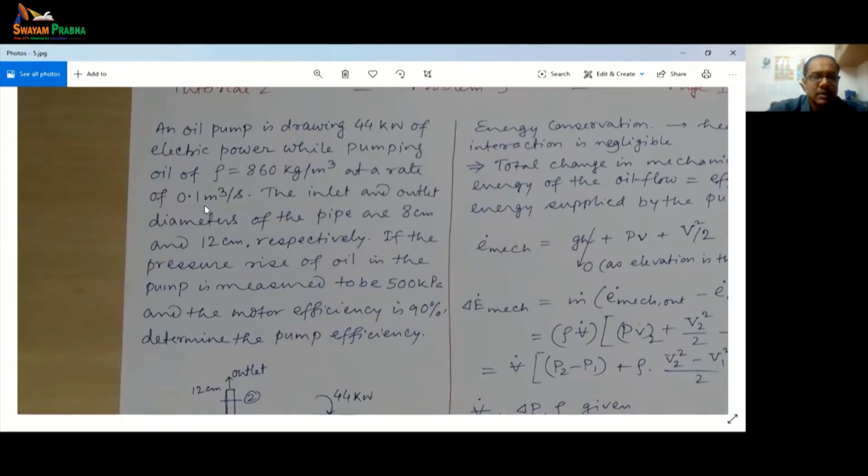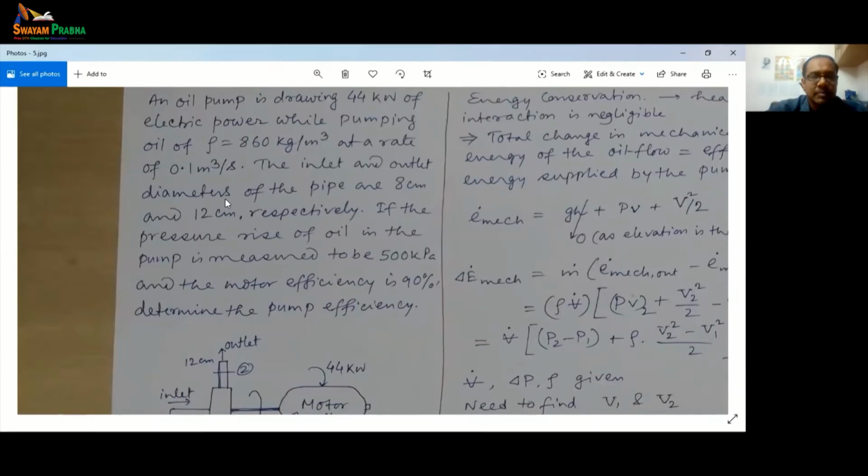This unit itself tells you that this is the volume flow rate, 0.1 meter cube per second, not meter per second, which is the velocity unit. The inlet and outlet diameters of the pipe are 8 centimeter and 12 centimeter respectively. So the pump will have an inlet and an outlet.